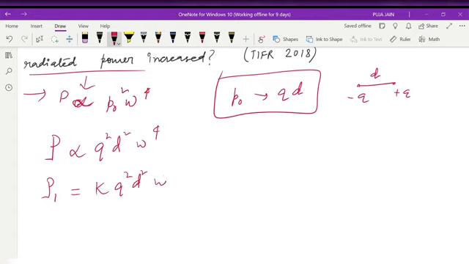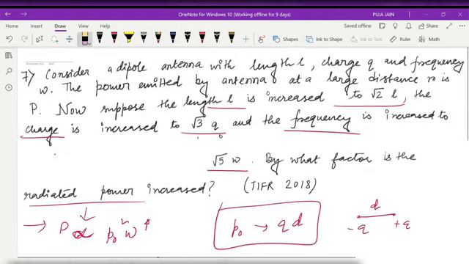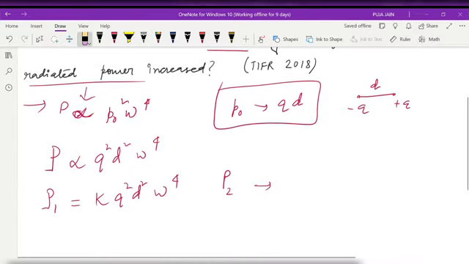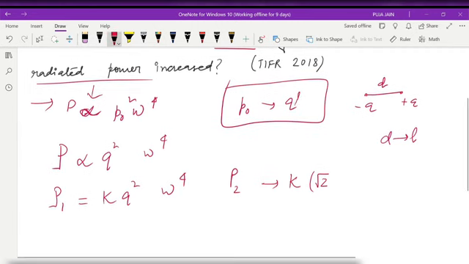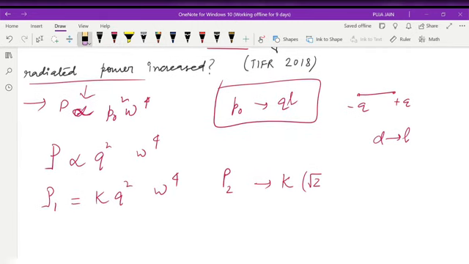Now second case P2. Here length is changing to root 2 L, so D is root 2 L, where originally D is L. So this is L square, and this is root 2 L square.